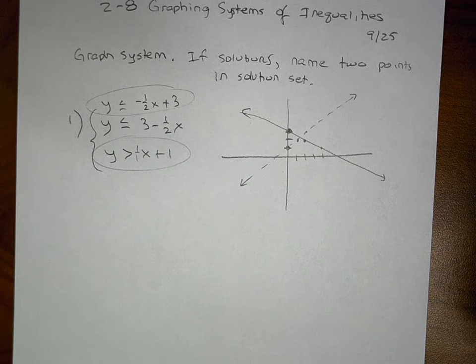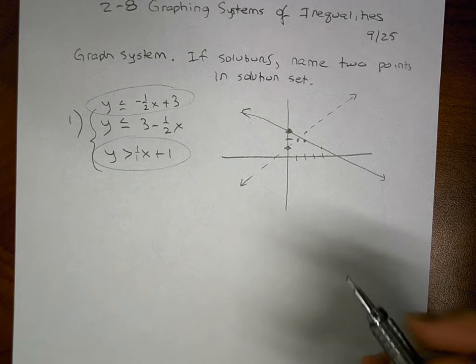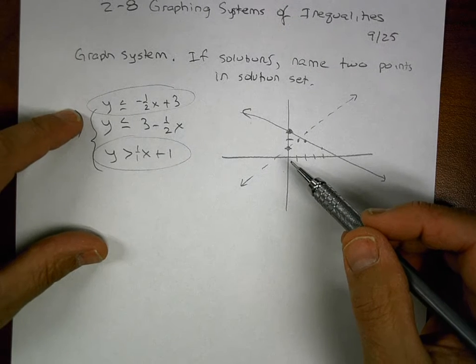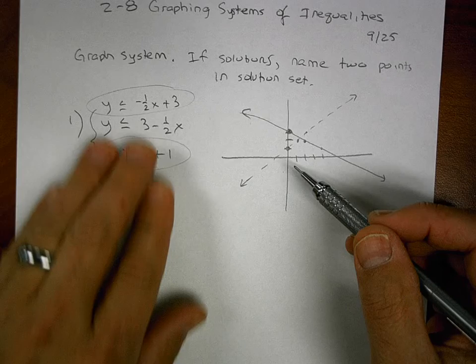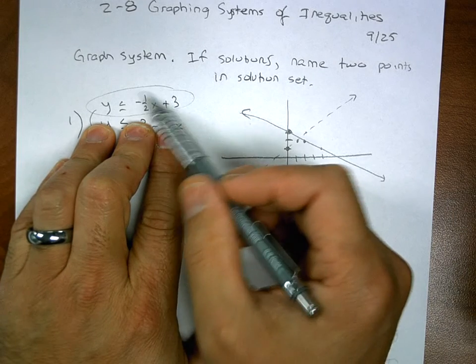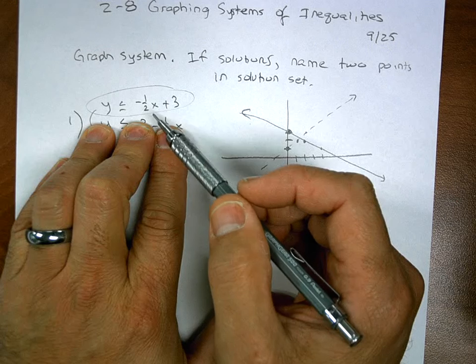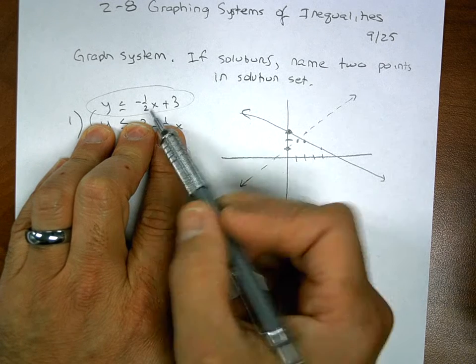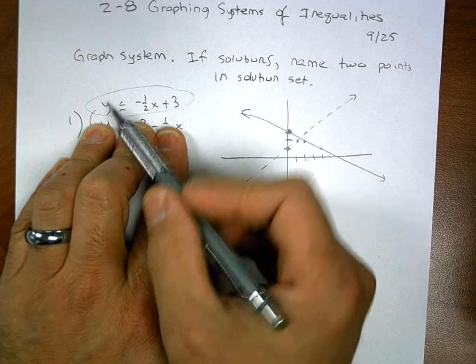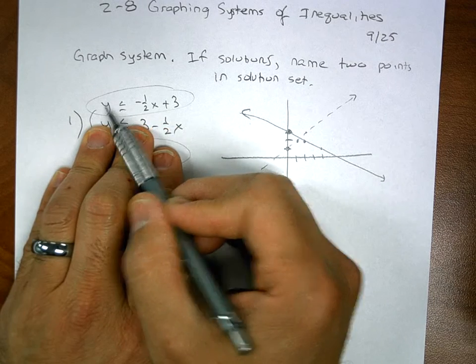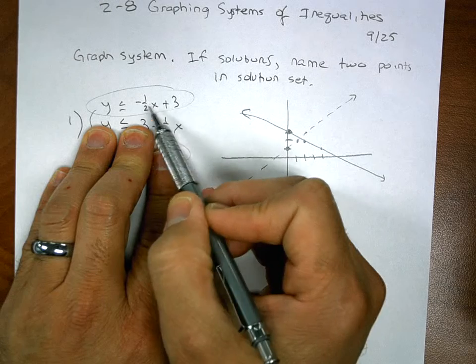Okay, so there's 2 ways that I look at or shade the answers. One way is I can shade everything, and then where it doubles up or overlaps, that's actually my solution, right? So let's look at this. We need to shade this. Reading from Y's perspective, Y is less than or equal to this.